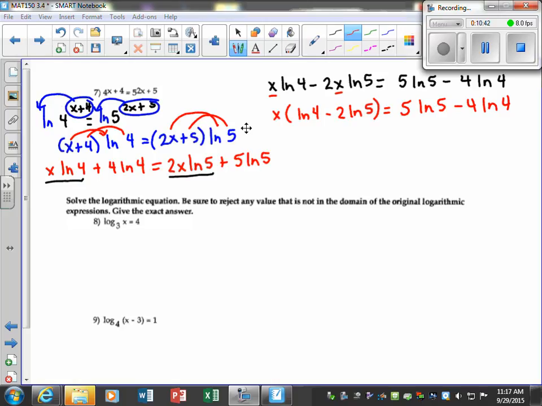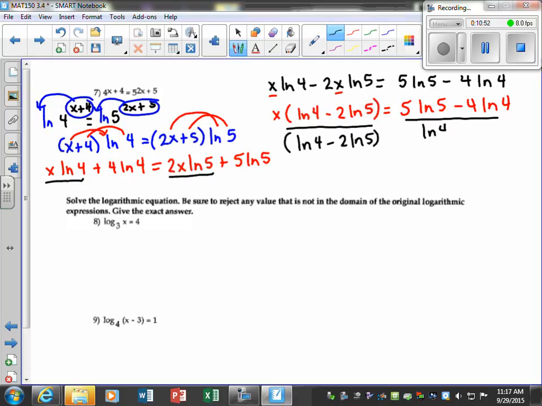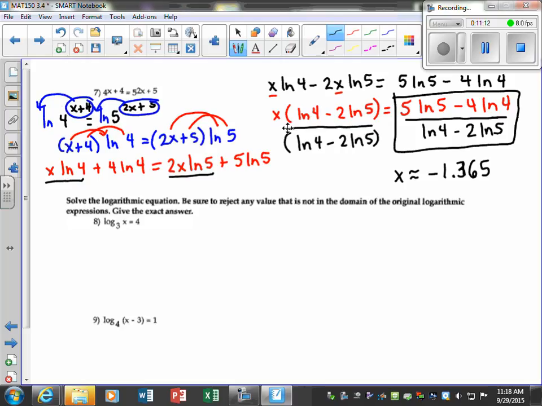My goal is to solve for x, so to get x by itself, divide both sides by this parenthesis. This is going to be our exact answer, and then we can carefully plug this into the calculator to get our approximate answer, which if you want to practice that, you should get approximately negative 1.365.